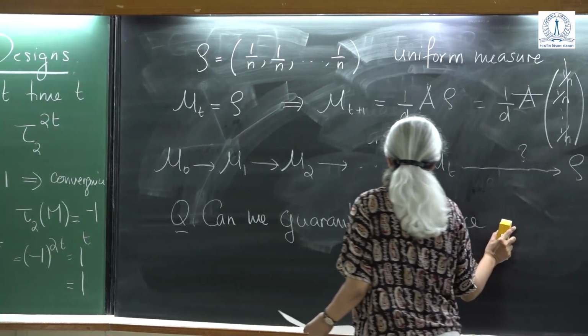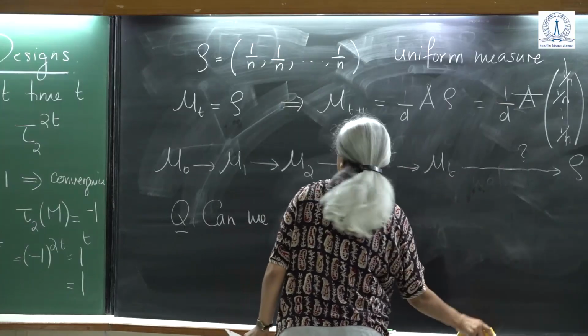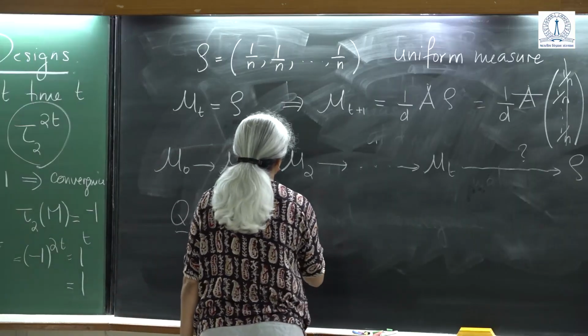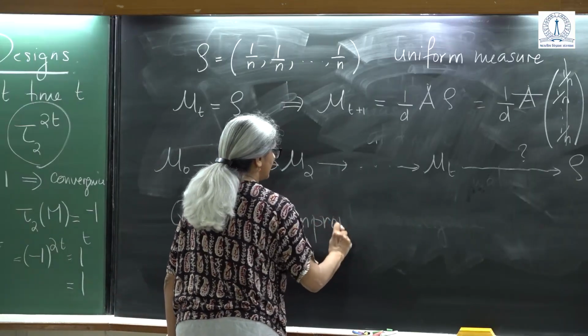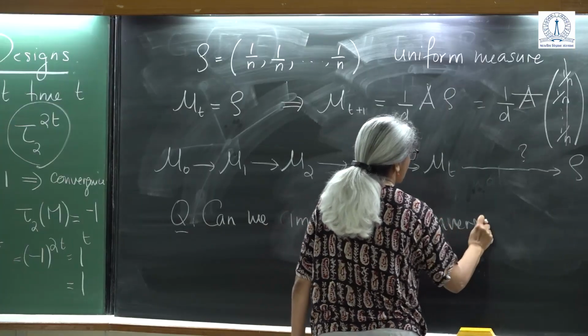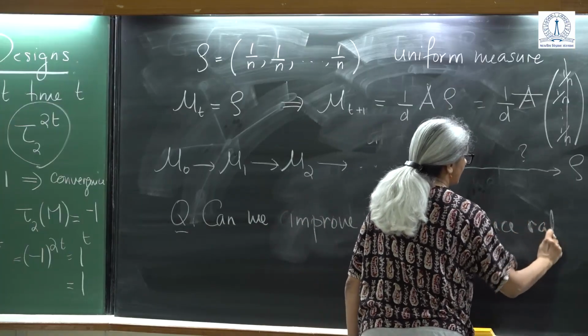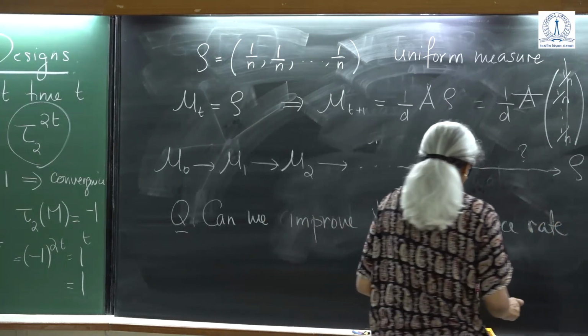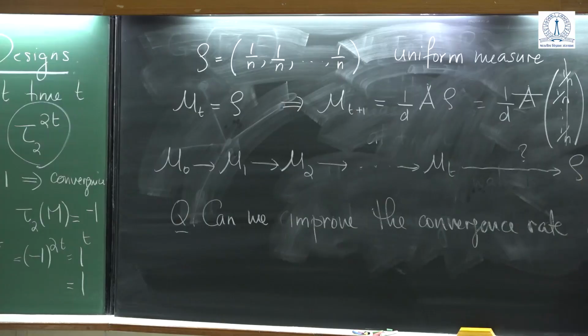Let me just say that. So this is called the convergence rate. Can we improve the convergence rate by choosing a different initial measure?